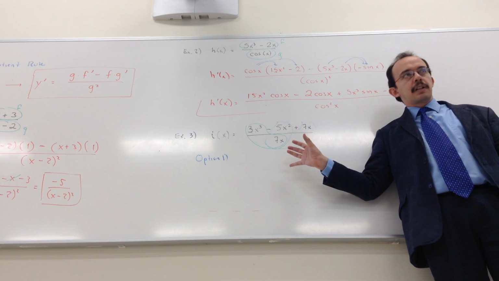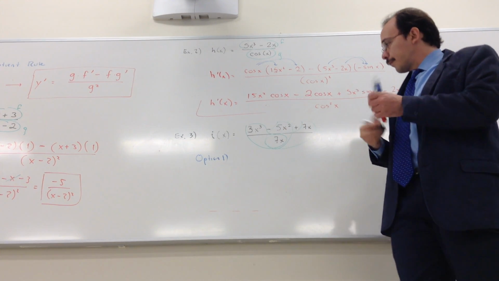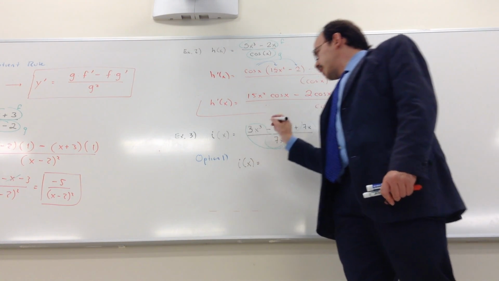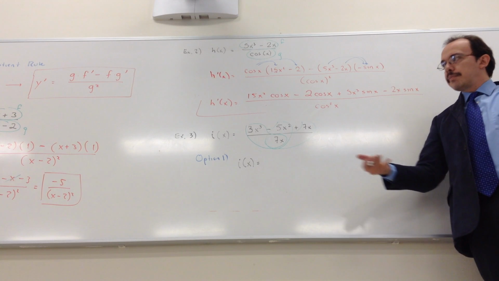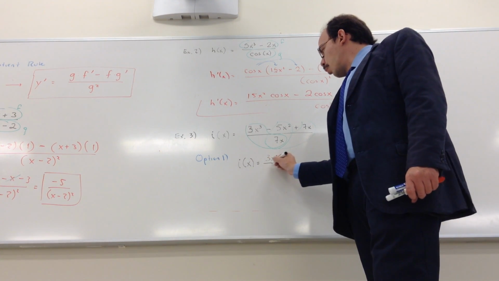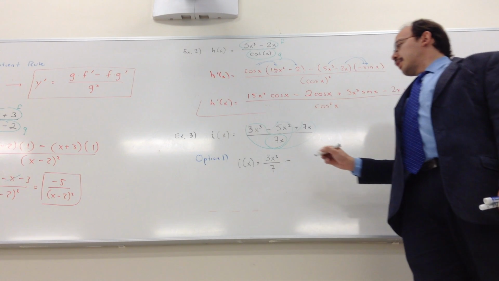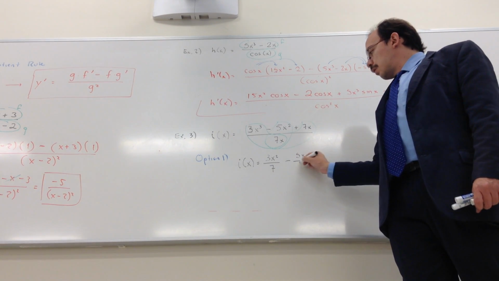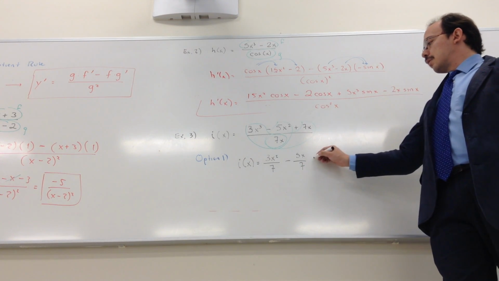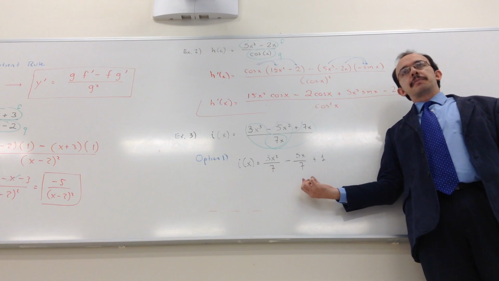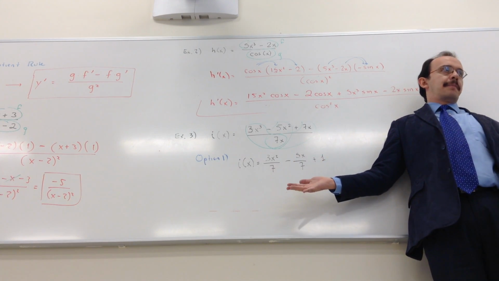That's when I can simplify. Then 3x to the cube over 7x is 3x squared over 7, minus 5x squared over 7x, 5x over 7, plus 1. So you still have fractions, but now you can apply the power rule directly.